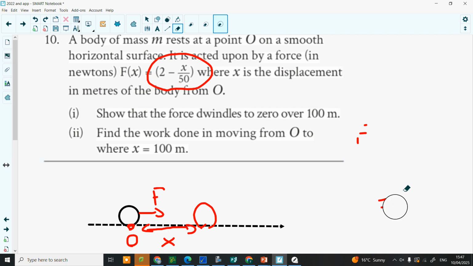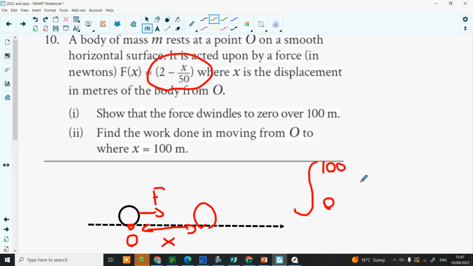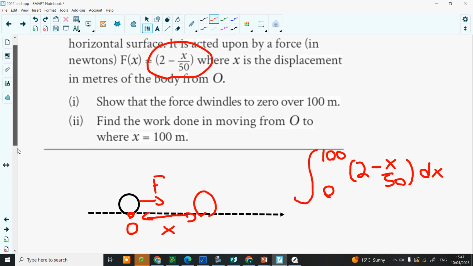All right, no hassle. This is as easy as you think it is. What do you reckon the limits are? 0, 100. What do you think the formula is? F dx, isn't it? Integrate it.